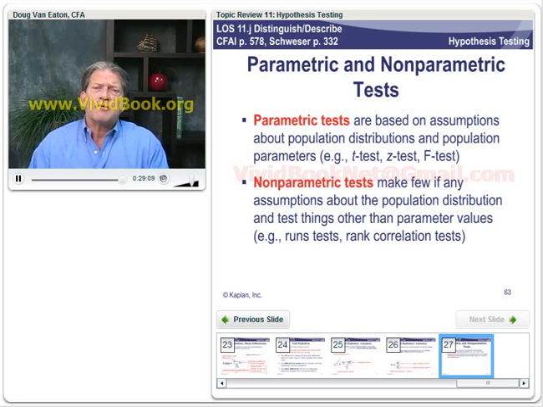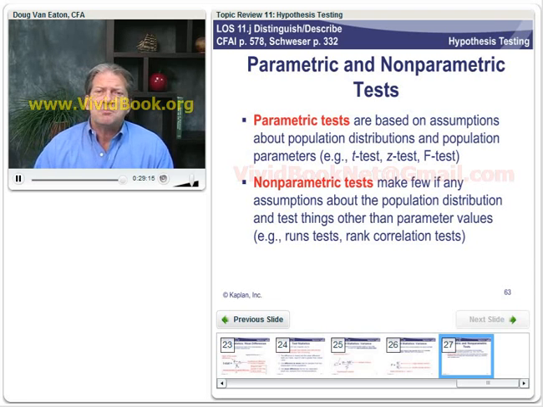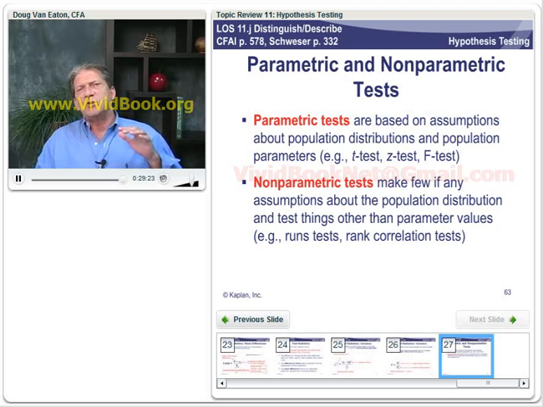Also, we very often use rank correlation tests. A rank correlation test is a test of correlation, but it's based on the rank from one period to the next. We could do this with mutual funds. List 20 mutual funds in order in terms of their performance each quarter, and see if their rank in one quarter is a good predictor of their rank in the next quarter.